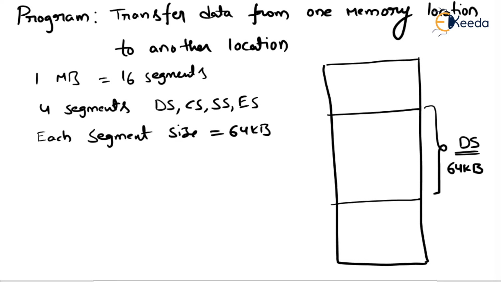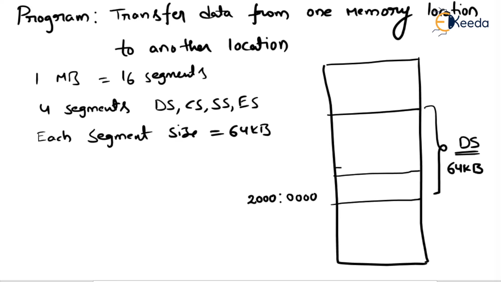Now let us consider the starting address. The starting address of the data segment is held by the data segment register. Let us consider that it is 2000. This is the starting address, and the offset address is initially 0000. Here some data is there.